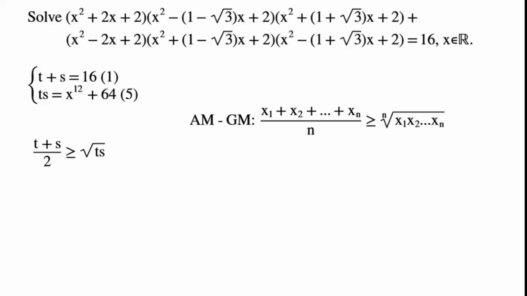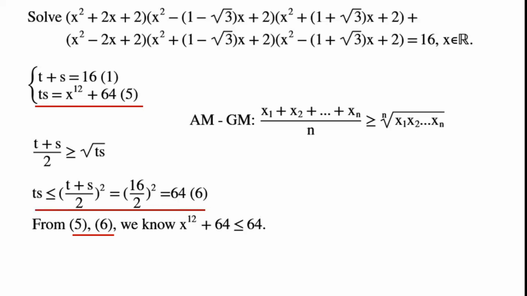So t plus s over 2 is greater than or equal to root TS. So TS is less than or equal to t plus s over 2 all squared, which is equal to 16 over 2 all squared, which is 64.